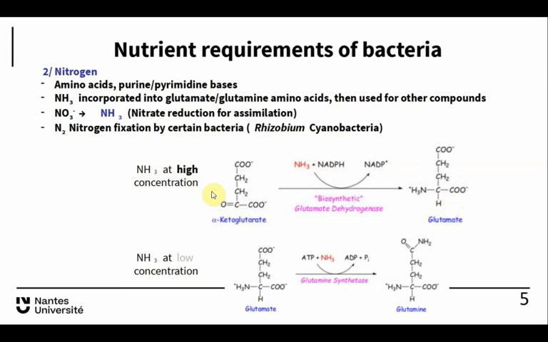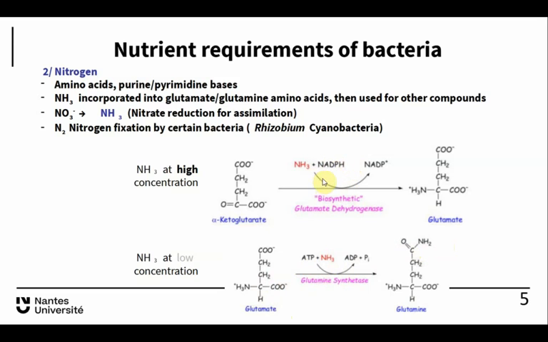If ammonium is at a low concentration, then bacteria will tend to use another enzyme, which will incorporate ammonium into glutamate. So from glutamate, this ammonium will be incorporated into glutamine. And this time you need to use ATP as the coenzyme. So both of these reactions require some kind of metabolic energy.